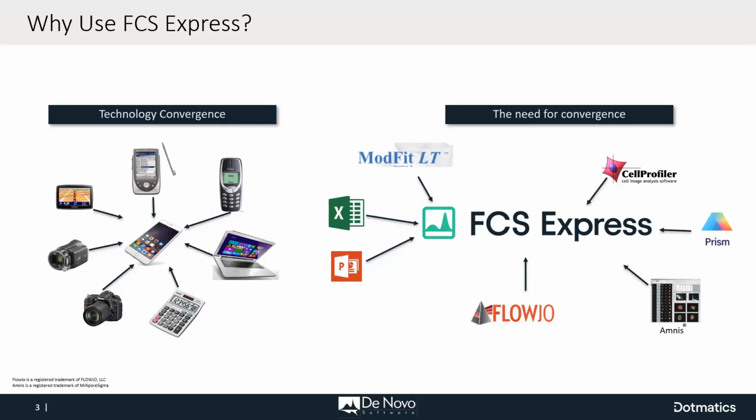FCS Express is very similar to that. PowerPoint, Excel, Prism, any of the image type of work, cell cycle, these all converge into FCS Express. So you're not really having to export or do anything different that way. You can just use our one software and be able to utilize it for what you're using.